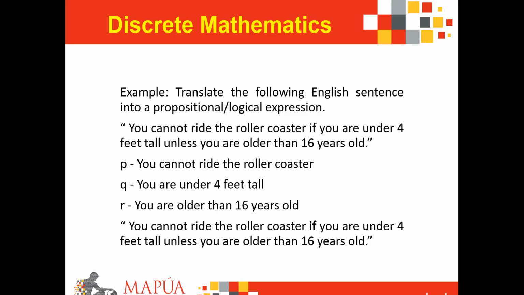As seen here, you have the keyword if, but you have also the word unless, which implies that if the person is under 4 feet, then that person is allowed to ride the roller coaster if that person is older than 16 years old. Hence, you'd end up with this corresponding propositional expression.